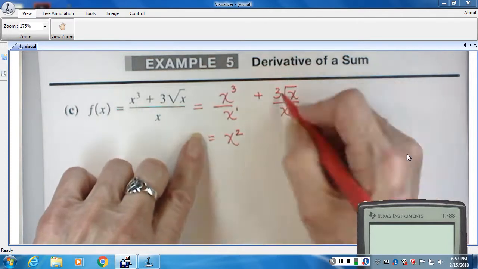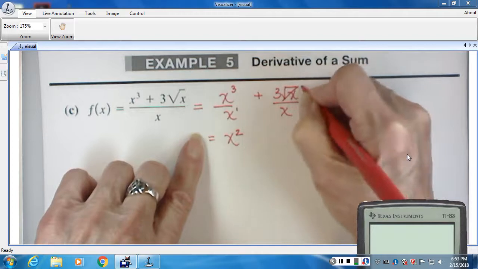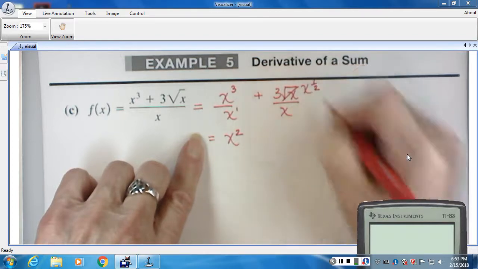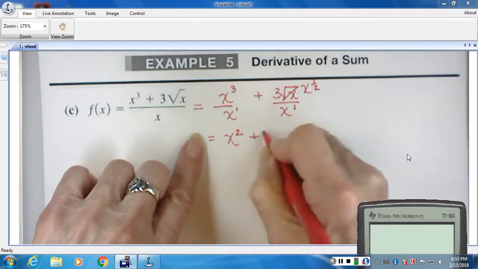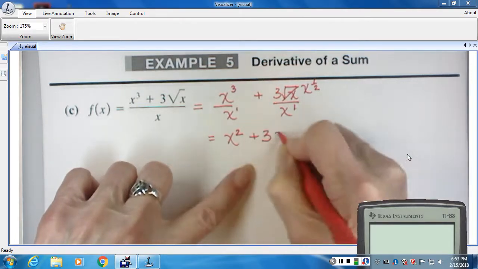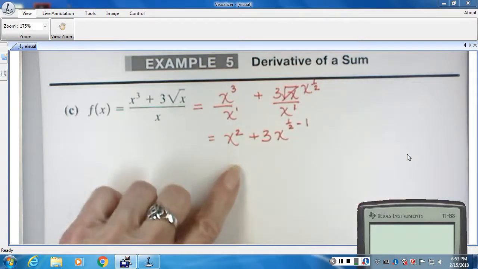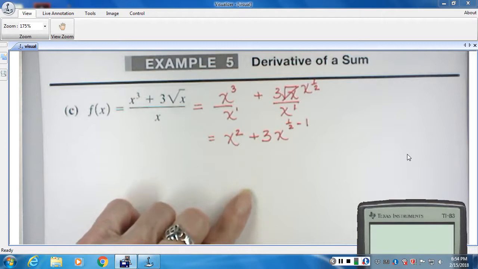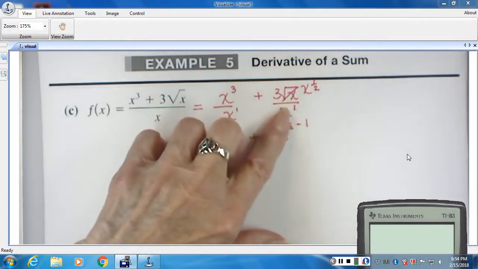This one will be easier if I change it so that I have x to the 1/2 power, because this is x to the first power. So then what I've got there is plus 3x to the 1/2 minus 1 power, because that's what you do when you have same bases dividing into each other with different powers: you take the top power minus the bottom power.